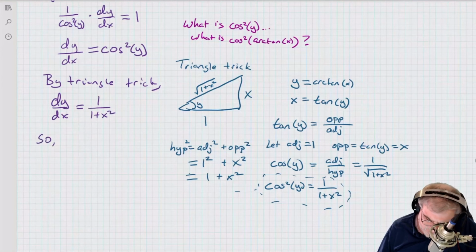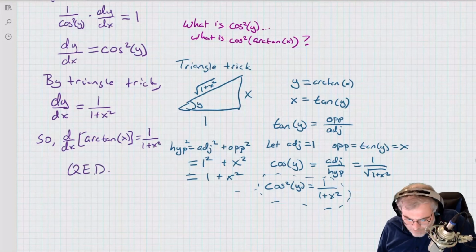So, d over dx of arctan of x equals 1 over 1 plus x squared.